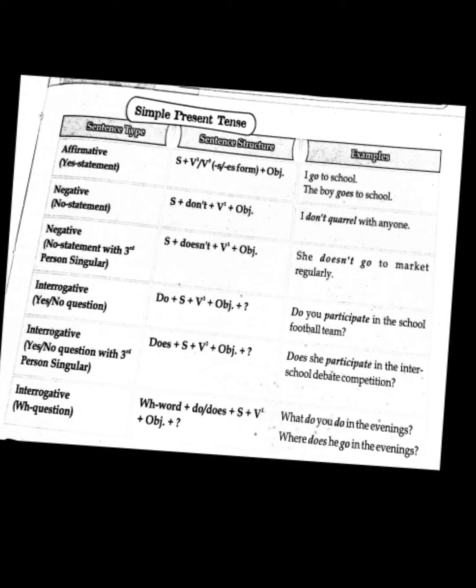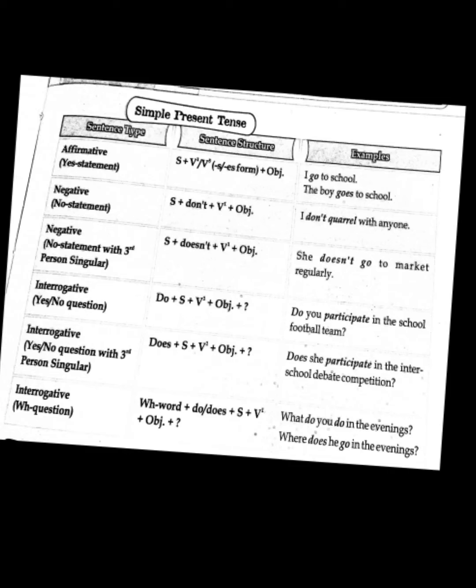So example can be she doesn't go to market regularly. So here why we are using does? Because we have here third person singular. Students, always remember with I, you, we, they, we always use don't. But whenever I have third person singular, that time I will be using does. Okay? I cannot say she don't go to school. That will be incorrect. I will say she doesn't go to school.